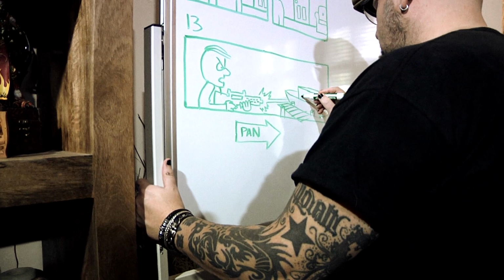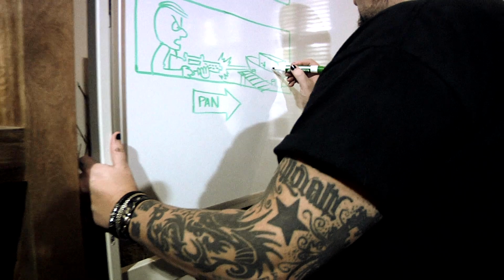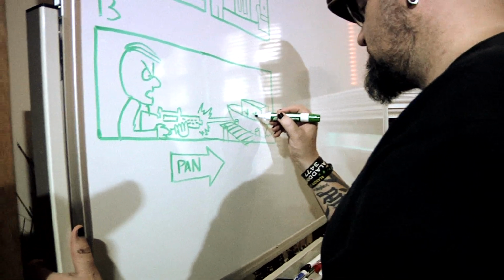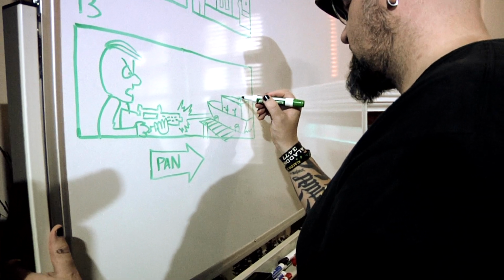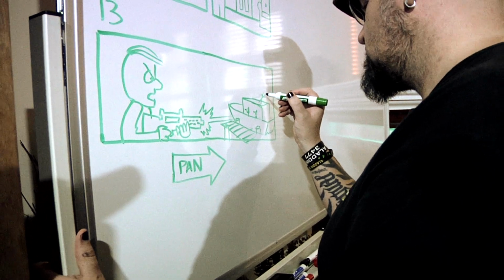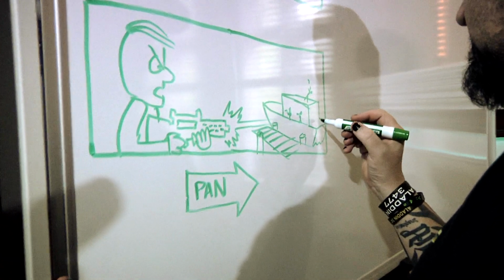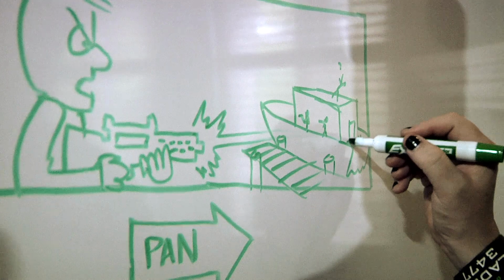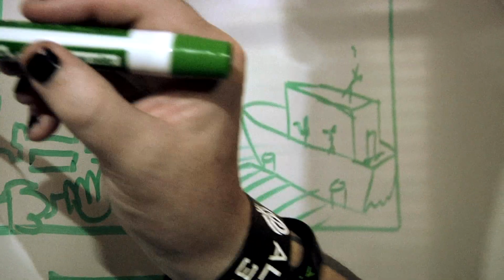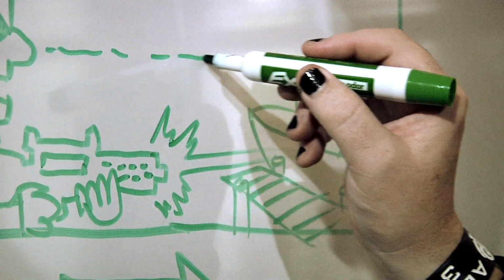There's a guy here, pew, pew. There's another person here, pew. And then there's a person up here that got shot. No, I'm falling and I can't get up. There's a little door on the back of this boat or something like that. And then maybe in the background, we just see the horizon.